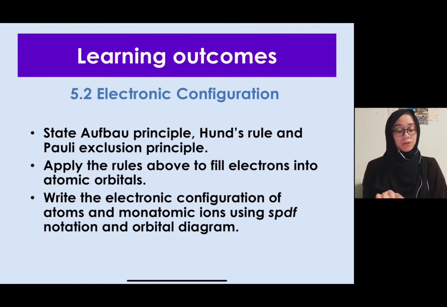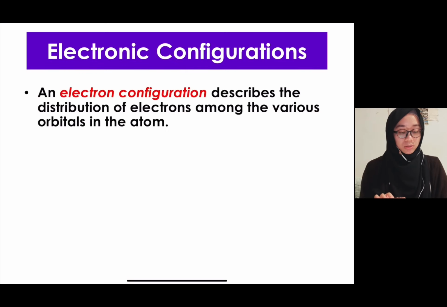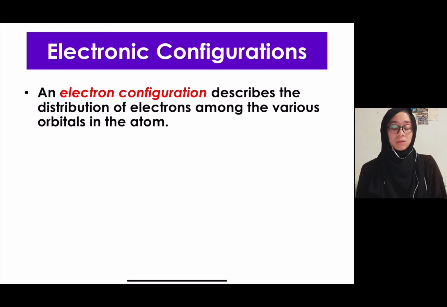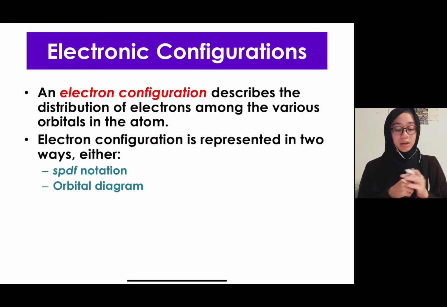Okay, so let's have a look at that. What is actually electronic configuration? An electron configuration describes the distribution of electrons among the various orbitals in the atom. By now you should know that there are many orbitals, starting from 1s, 2s and so on. There are two ways to represent the electron configuration.